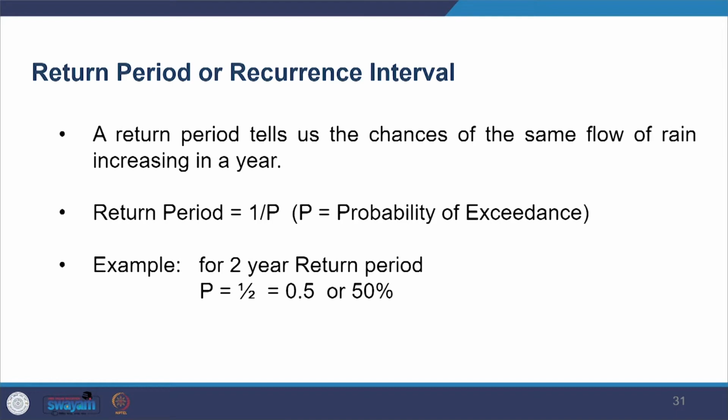A return period tells us the chances of the same flow or rain occurring in a year. For example, a 2-year return period event has a 50% chance of occurring in 1 year, whereas a 25-year return period event has a 4% chance in a year.